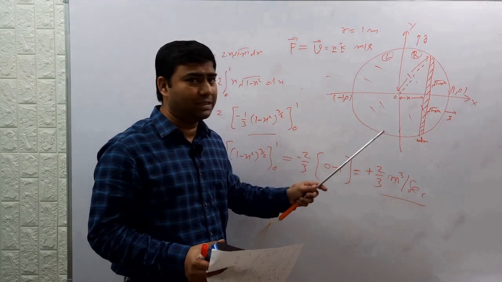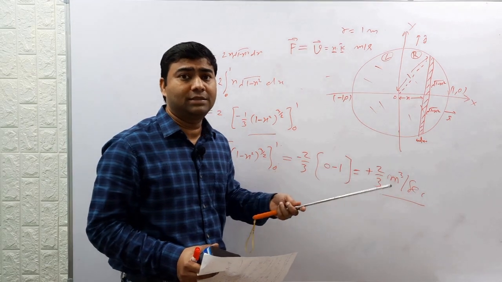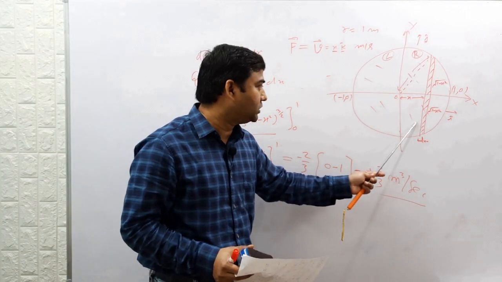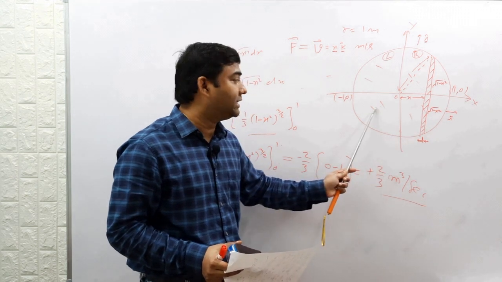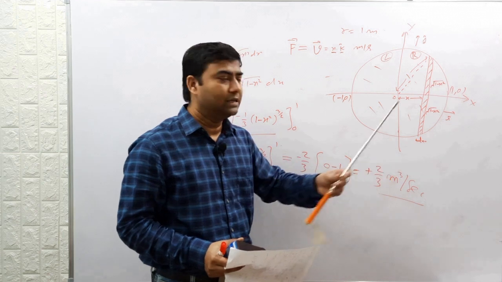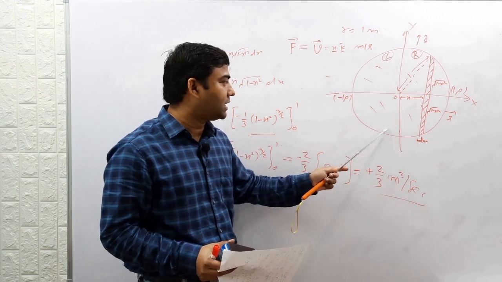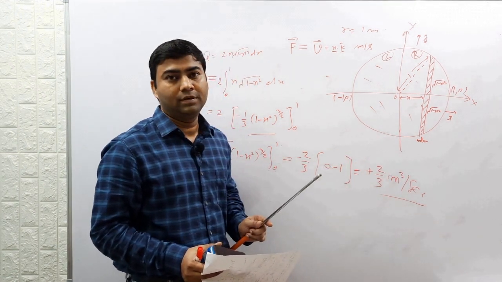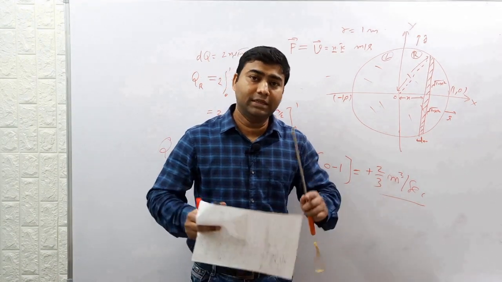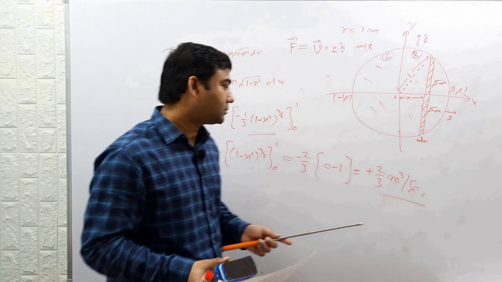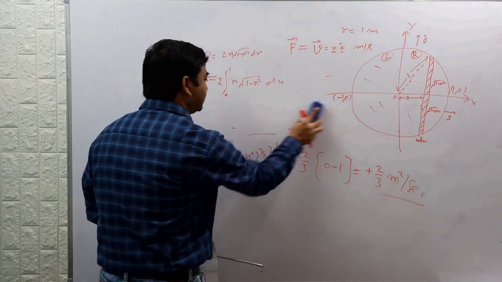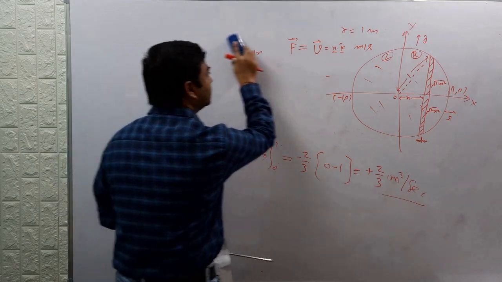And for the left half you will get flux opposite. In this case you will get flux positive in this half and negative in this half. But if you assume the below direction positive, then flux will be positive in this half and negative in this half. Physically there doesn't make any difference. So here it is plus. Now we will calculate flux for the left half.